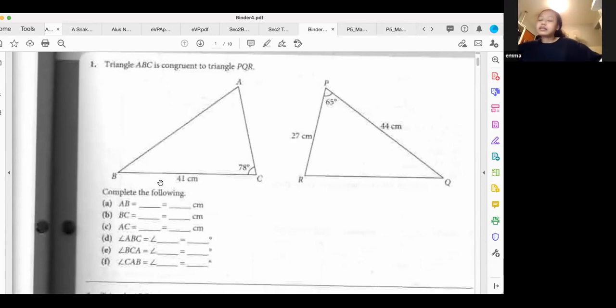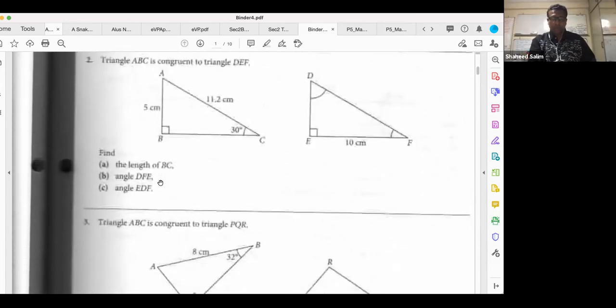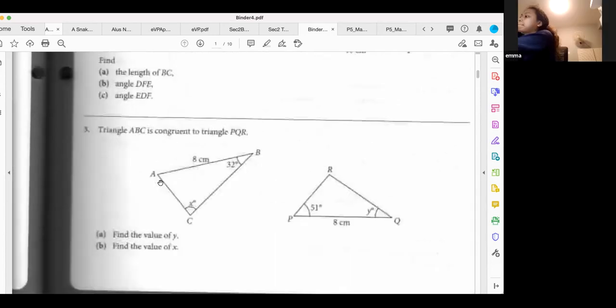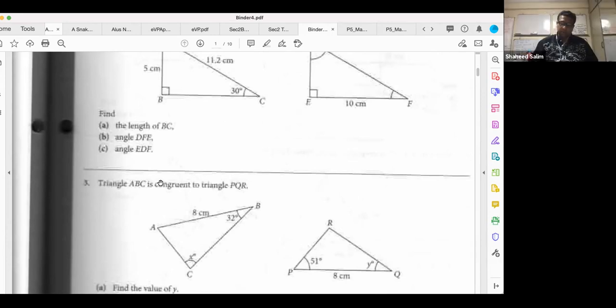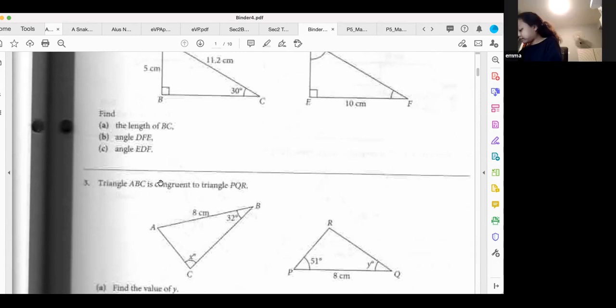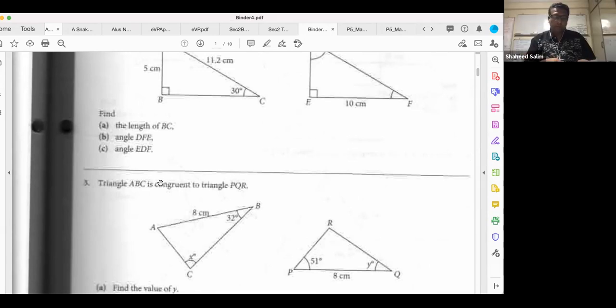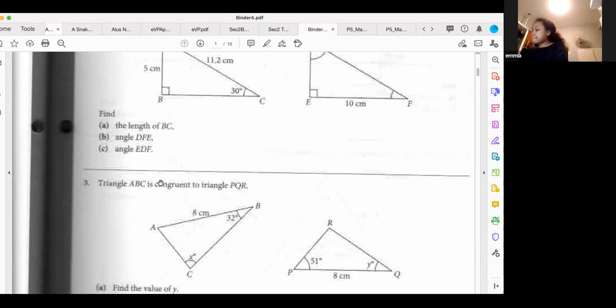What page is it? Page 49? Let me see. 9A, question 23.